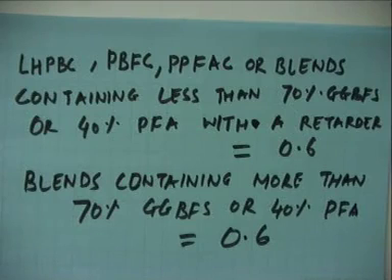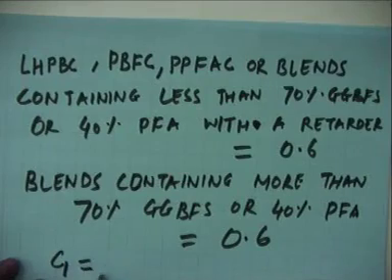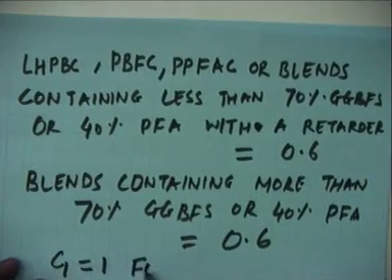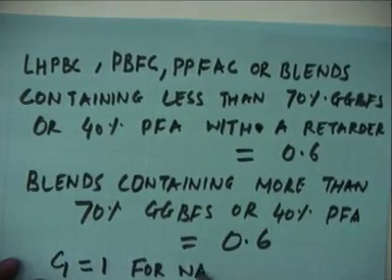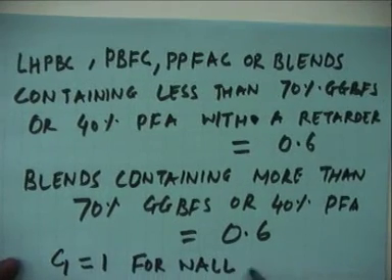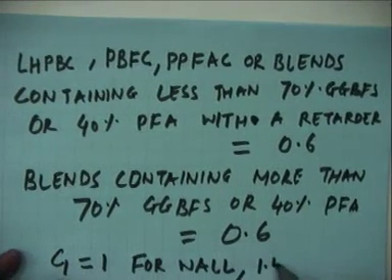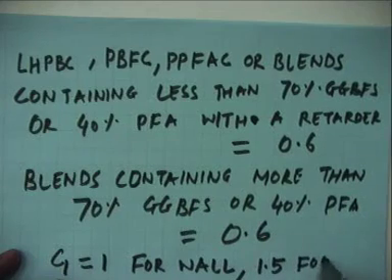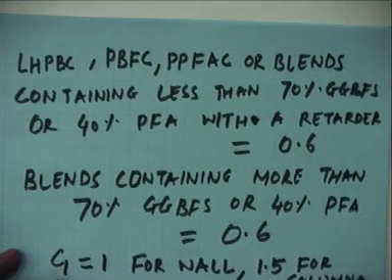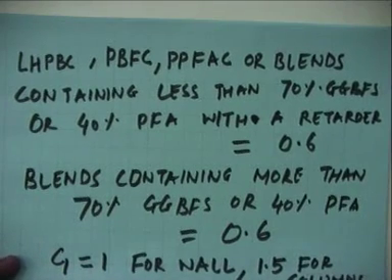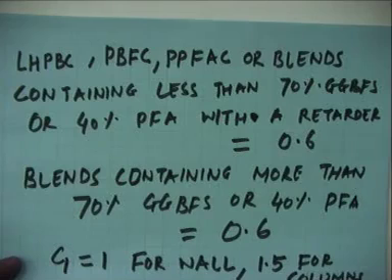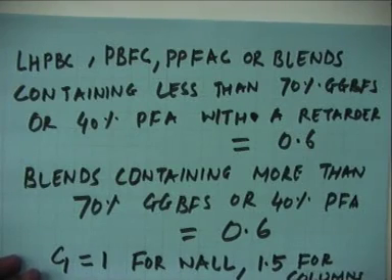Now, when it comes to C1, C1 is 1 for wall and it is 1.5 for columns. So, if you are using the expression for the computation of lateral pressure on wall, you can use C1 is equal to 1.